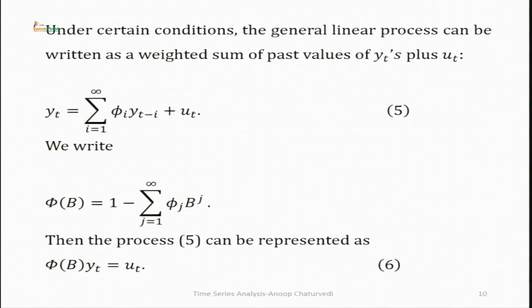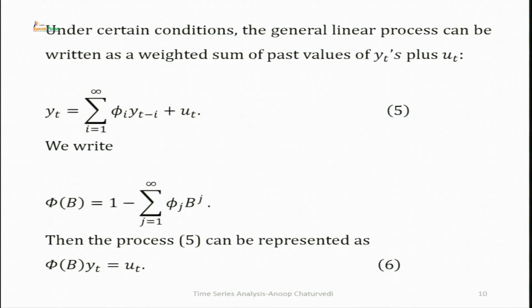Through linear filter we get the signal, and the remaining portion is the noise. So, it detects signal from a mixture of signal and noise. Anyway, under certain conditions you can write the general linear process as a weighted sum of past values of y_t's plus u_t.